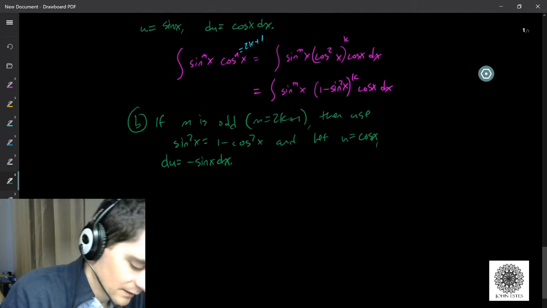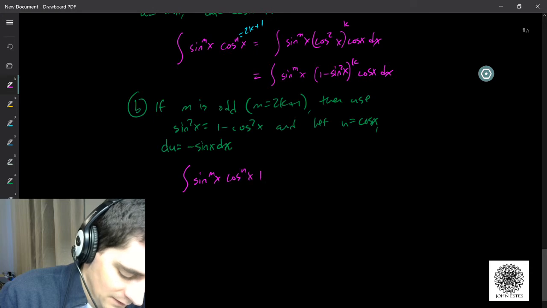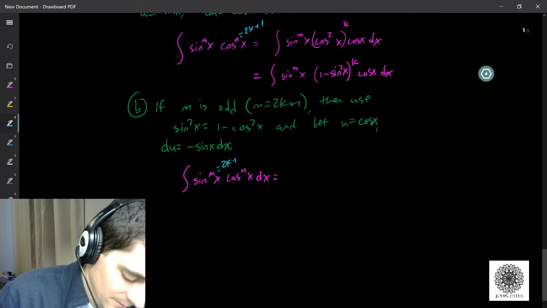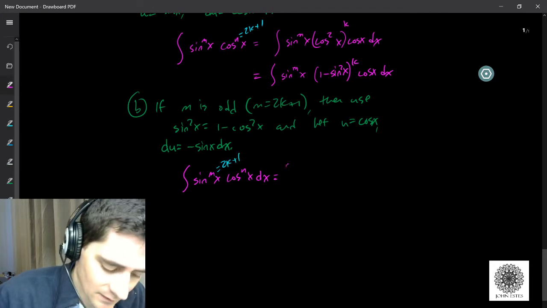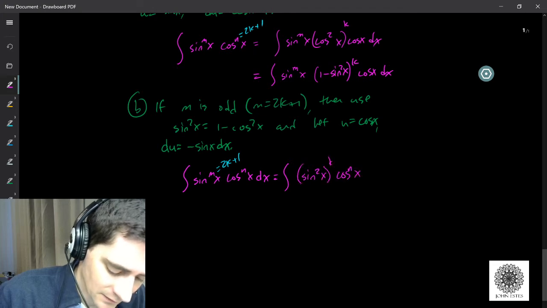I guess I can write it up, why not? We have sine to the mx, cosine to the nx dx, and this time sine is what equals 2k plus 1. So that's the same thing as the integral of sine squared x to the k power, cosine nx times sine x dx.